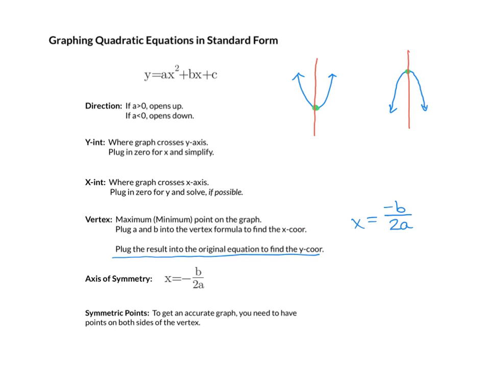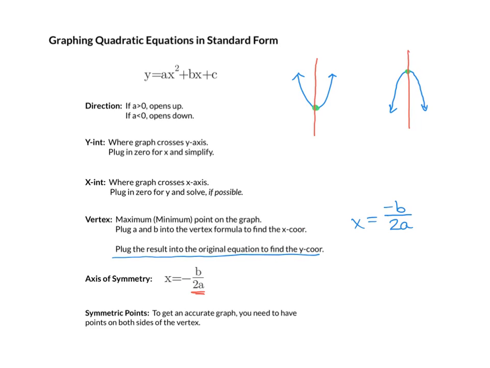What that means is that as you move the same direction from the vertex on the left and right, your y values should be the same. We'll explore that in a little bit more detail. The other thing to notice is that this is a vertical line, and recall that vertical lines are always of the form x equals something. And what is x equal to? Well, it's equal to the x-coordinate of the vertex.